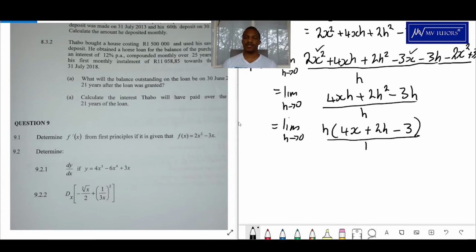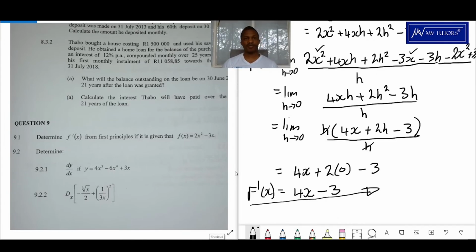And all of this is still divided by h. These h's cancel each other, and then finally I'm going to substitute the 0 where there's an h, so I can drop the limit sign now, and then I'll have 4x plus 2 times 0, minus 3, and my final answer is 4x minus 3. That is my first derivative. We are finished with this one.